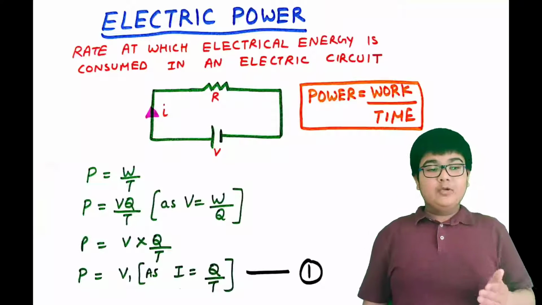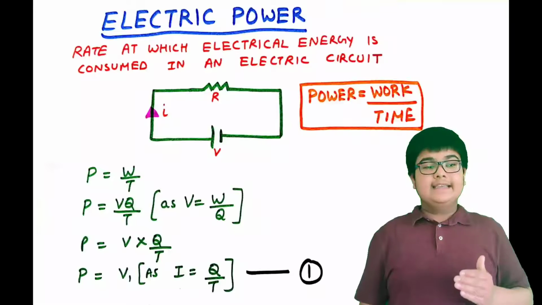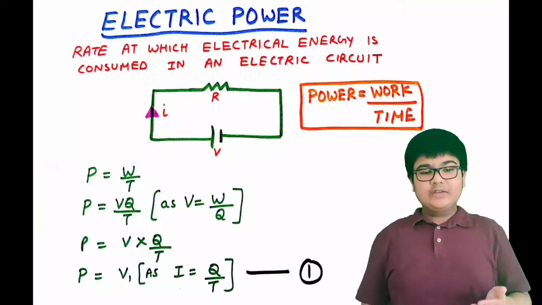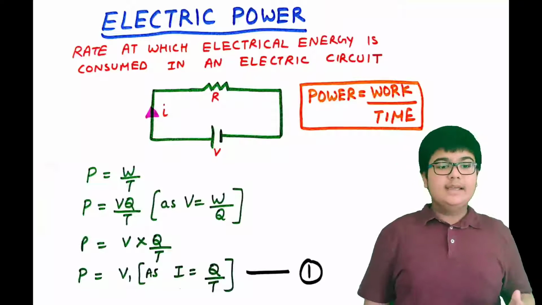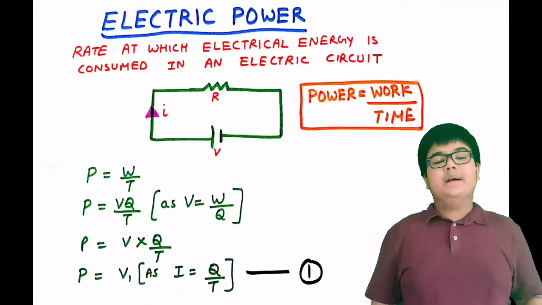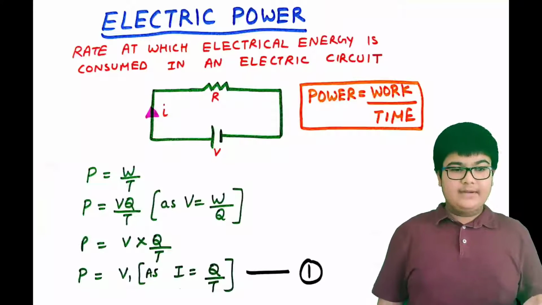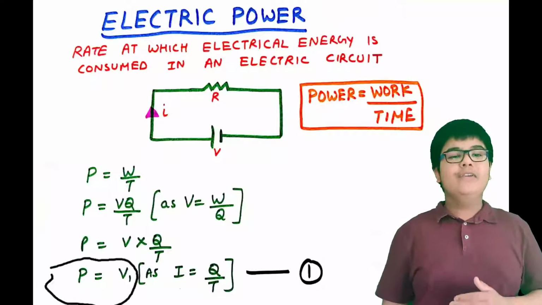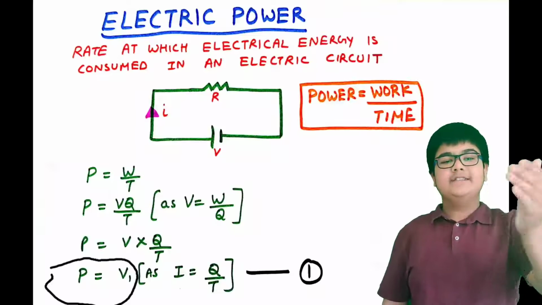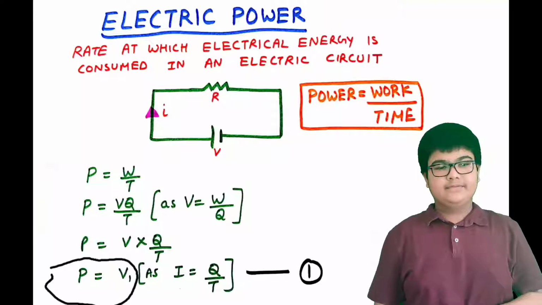Now we know that Q divided by T is equal to current, as we know that current is equal to charge divided by time. So power now becomes potential difference multiplied by current, or P is equal to VI. This is just what I have stated in the definition above.